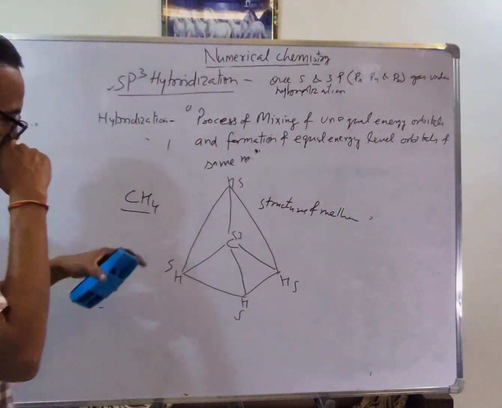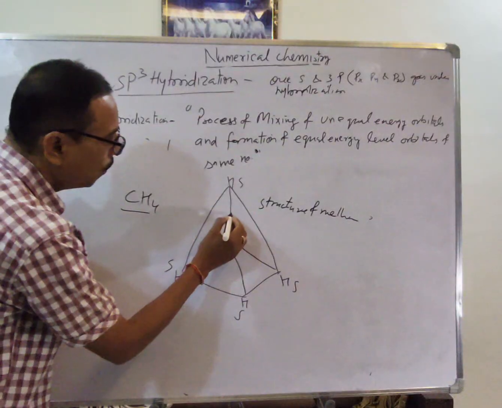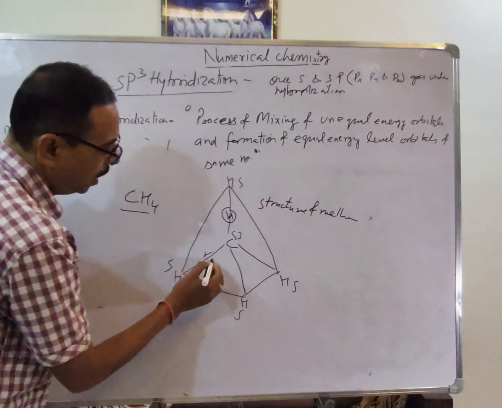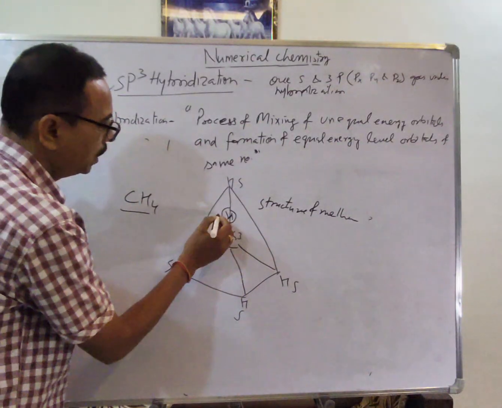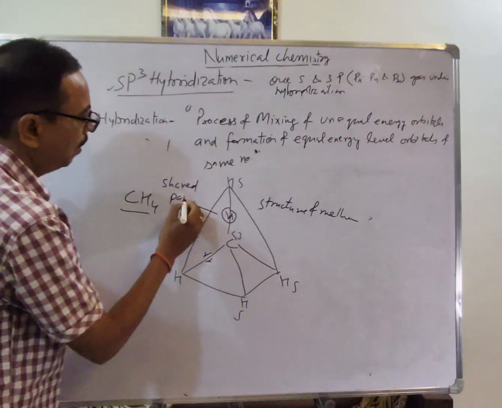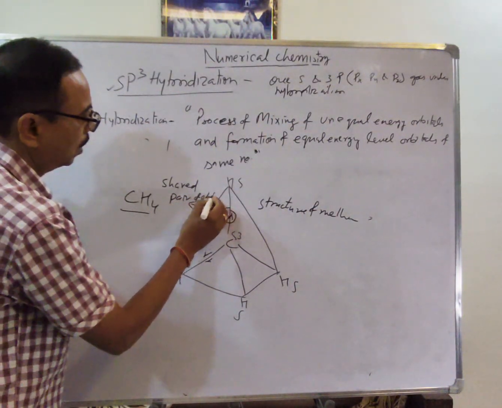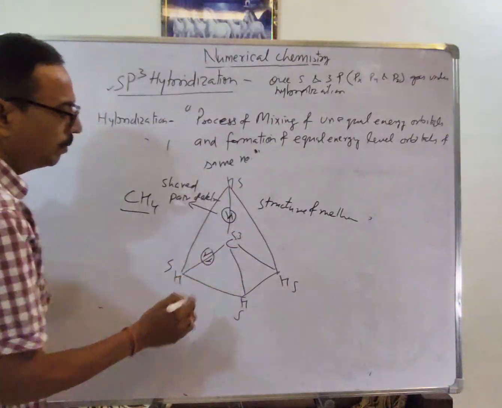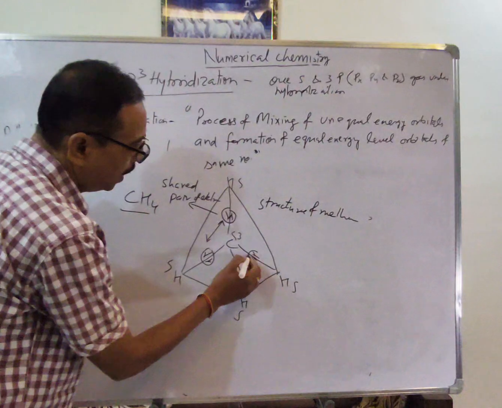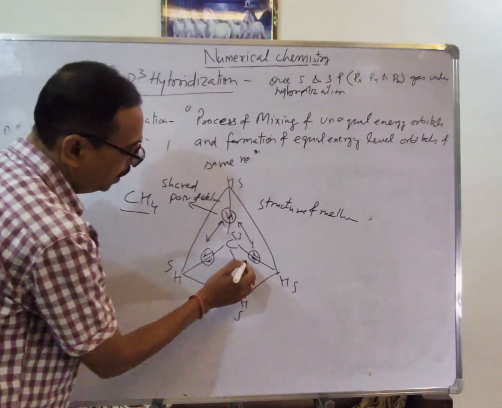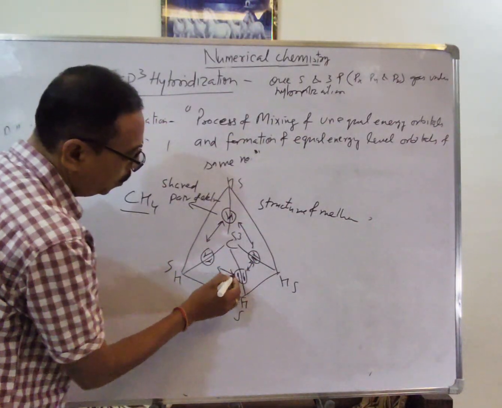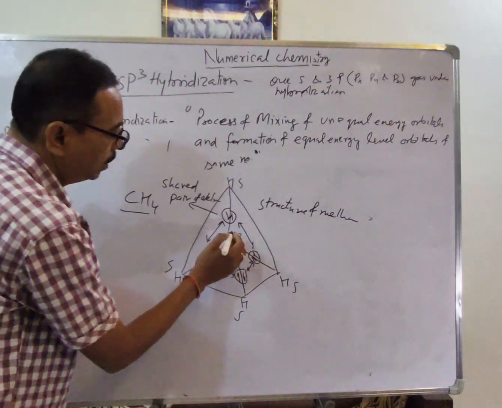Here you must know, there is a shared pair of electrons. What is a shared pair of electrons? One shared pair, this is called the shared pair of electrons. Due to the repulsion of the shared pairs of electrons, this pair and this pair also repel each other. This should be the position where the angle is the CH bond angle.